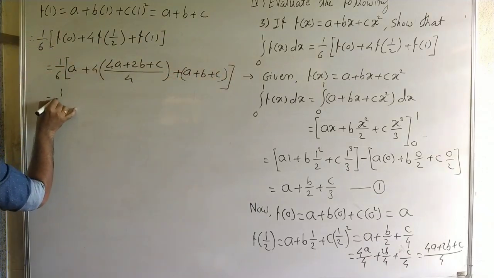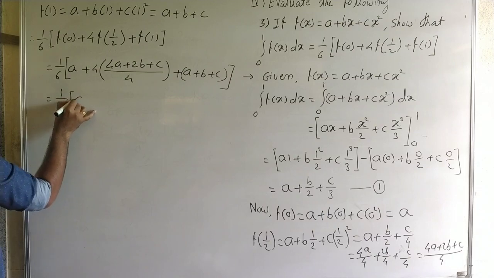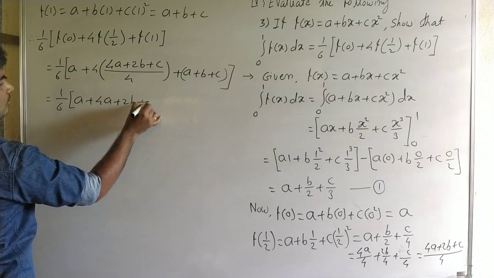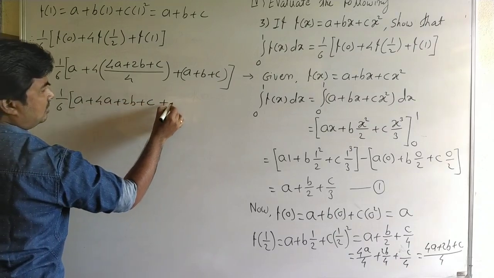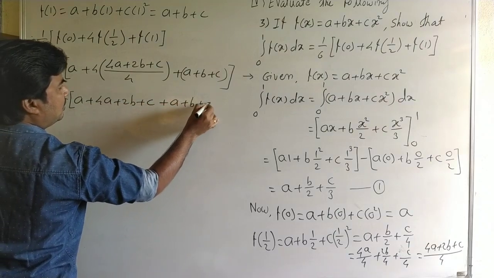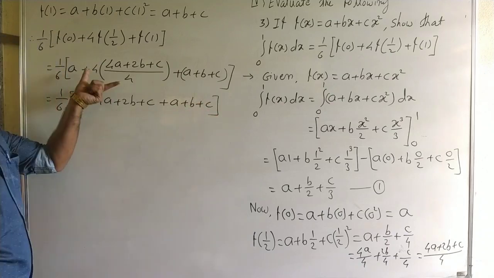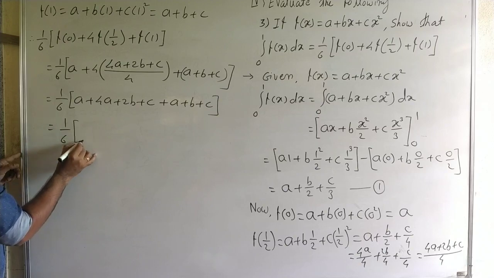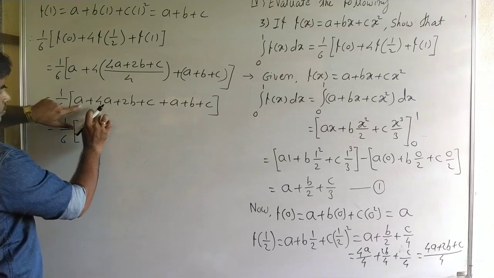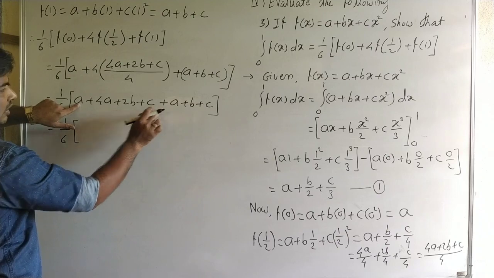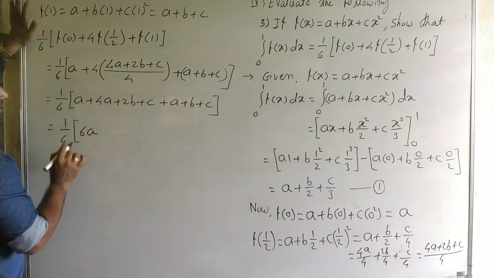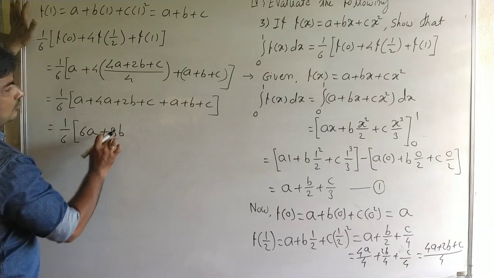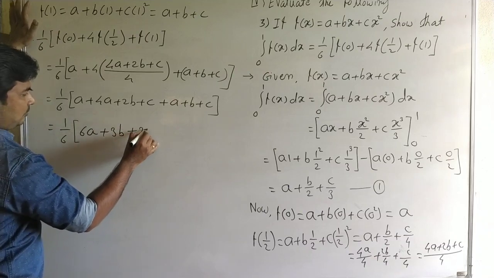Now we can calculate a plus 4a plus 2b plus c plus a plus b plus c. Here the 4 gets cancelled, and now it is 1 by 6 into 6a, then plus 3b and then plus 2c.